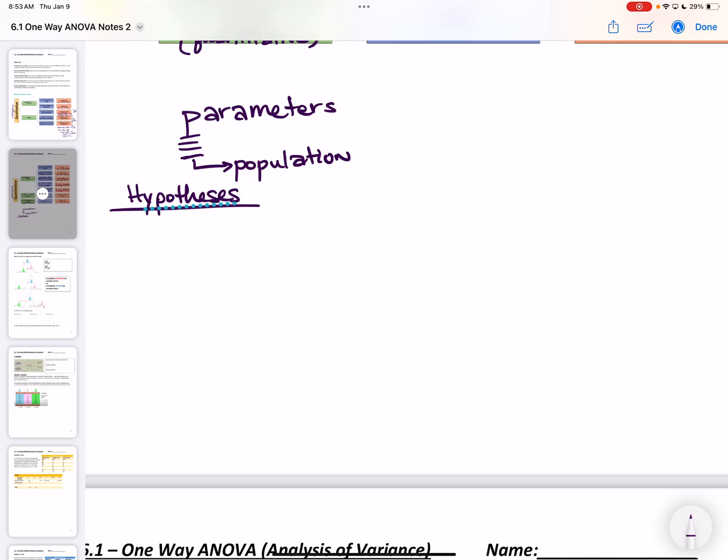What parameter do we use for a population average? Mu, thank you, mu. If we're talking about proportions, P. And if we're talking about population variance, sigma squared. And if we're talking about population standard deviation, sigma, okay?